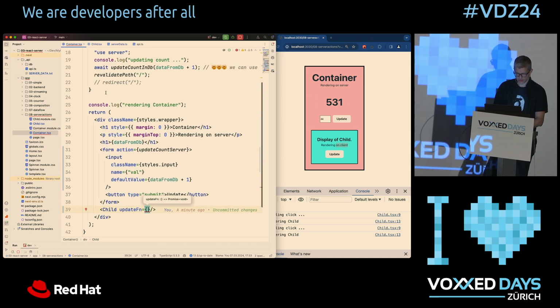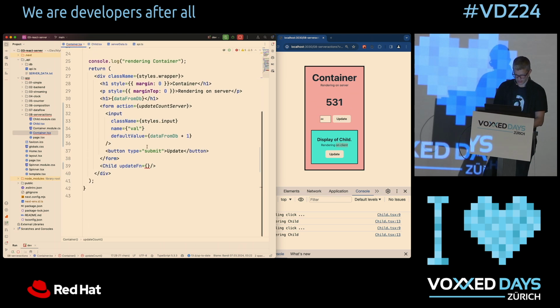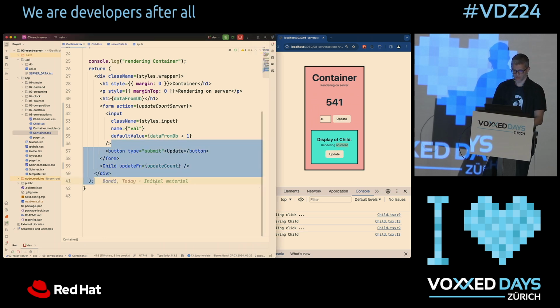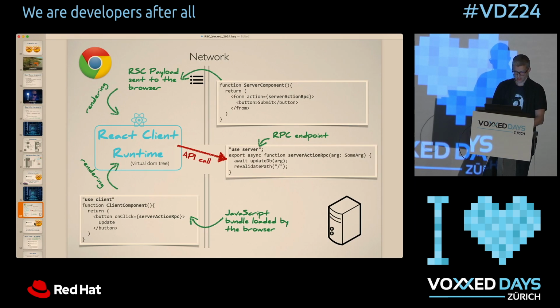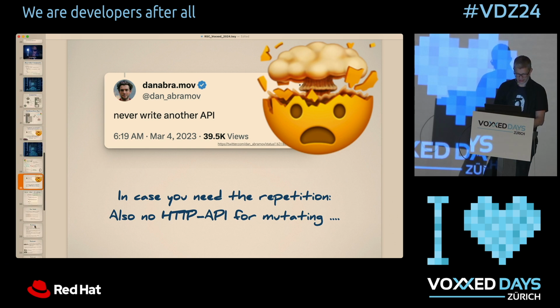I'm passing the function from my server component into the client component. And now if I update, I'm increasing again from the client component. So if you didn't believe me, you really don't need an API, also for mutating.